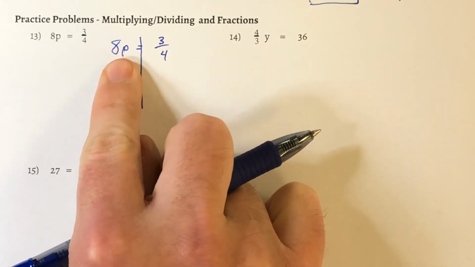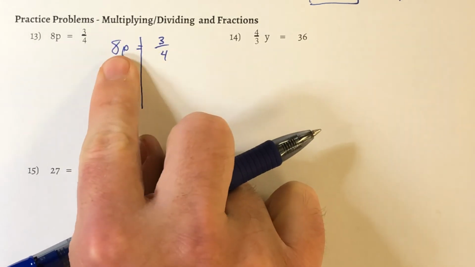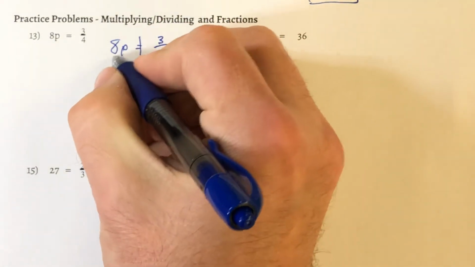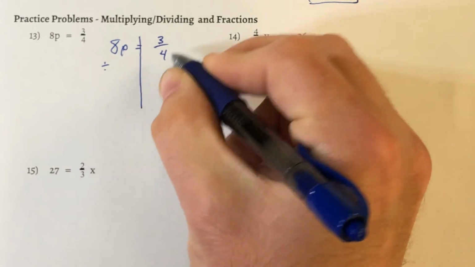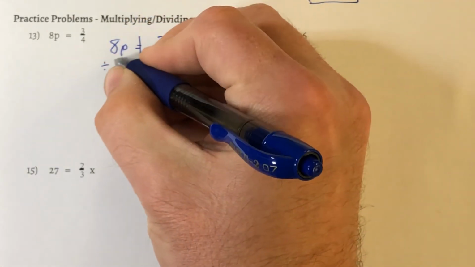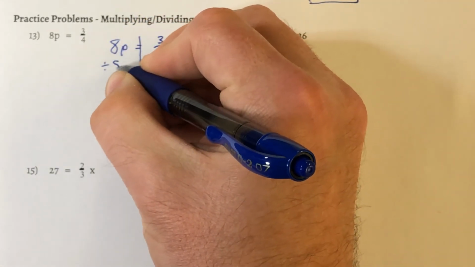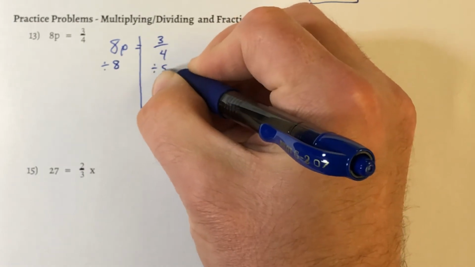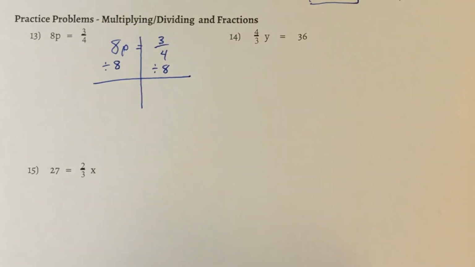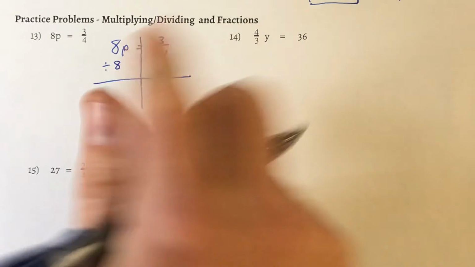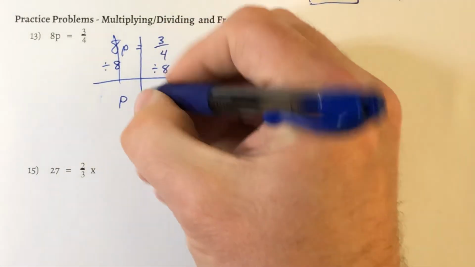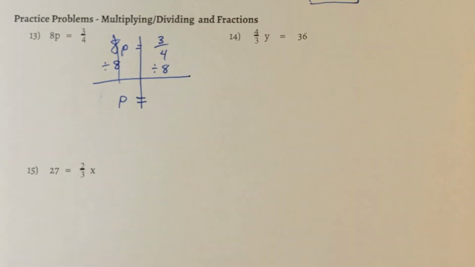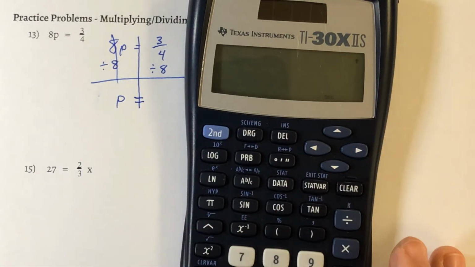I do the opposite of what they're doing. They're multiplying by 8, so we are going to divide by 8. And since I have a fraction over here, I'm going to use a division sign instead of a fraction bar. So we're going to divide by 8 on both sides. So it's 8p divided by 8. The 8s are going to cancel, leaving us with 1p. What's 3/4 divided by 8?